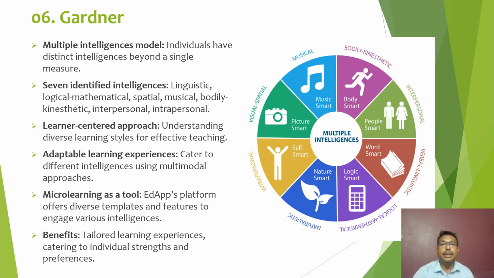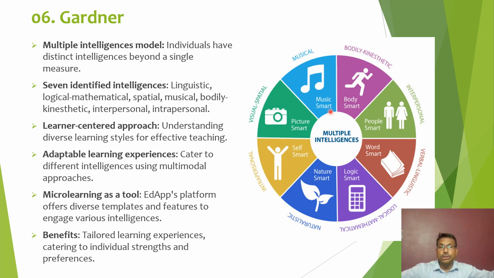Gardner's multiple intelligence model: individuals have distinct intelligences beyond a single measure. Seven identified intelligences: linguistic, logical-mathematical, spatial, musical, bodily-kinesthetic, interpersonal, and intrapersonal. What are we looking into? Remember, this is what we are talking about here. Bodily-kinesthetic is how you move your body.